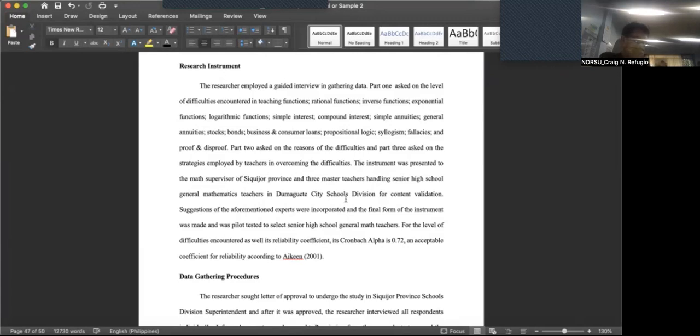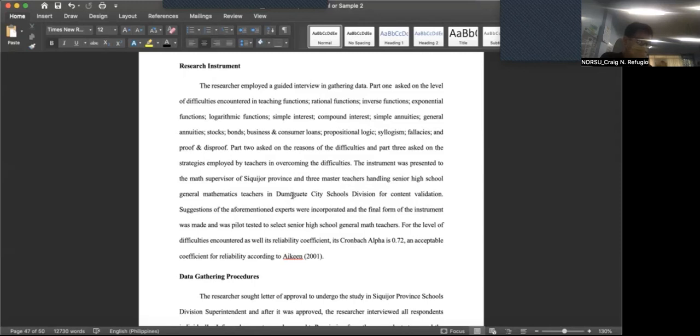Yes, sir. And then the location would depend on the research locale. This one is actually in Dumaguete. Why? When you are going to do validation, you are not going to use your own. This study was conducted in Siquijor, but the validation was conducted in Dumaguete.